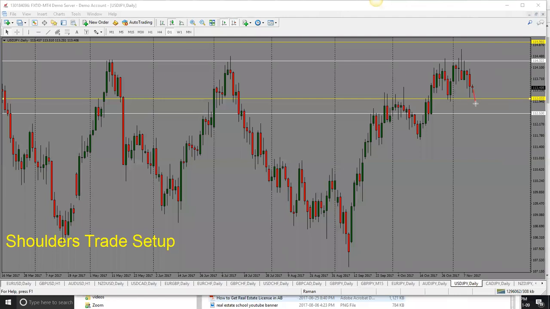We could see one of these drops, and then if that happens, we're looking for 112.50. Otherwise, the first scenario that I'm looking for would be that price comes and tests the 113 level and then bounces off of that, because as we can see, price has reacted at this level multiple times.